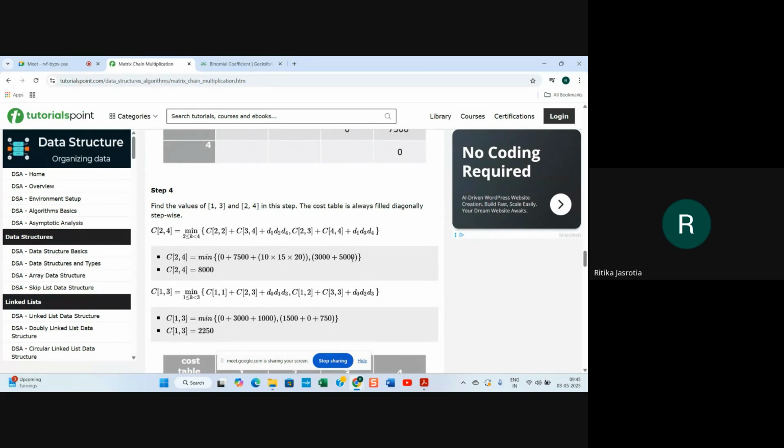And what will this create? 8,000. So which value will you take for 2 4? You will not take this one, because it is giving you a higher value. You take this one as the result, because you have to take the minimum.